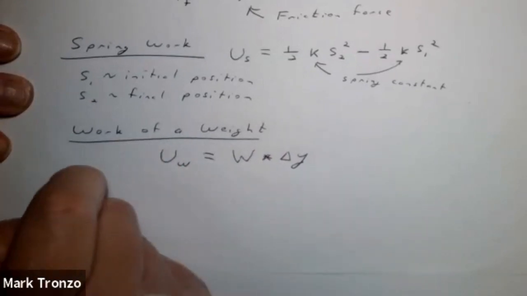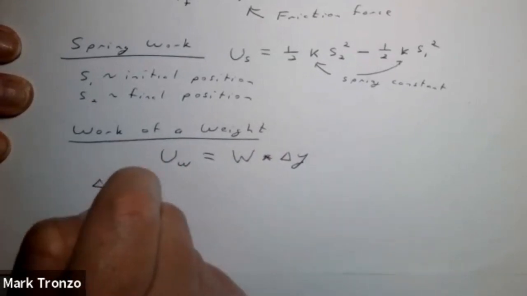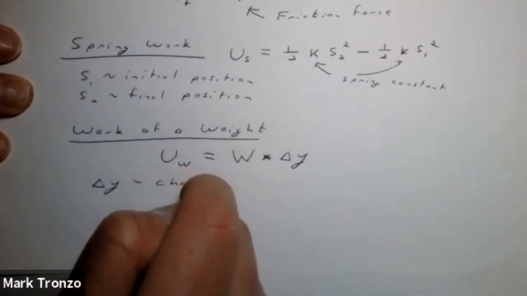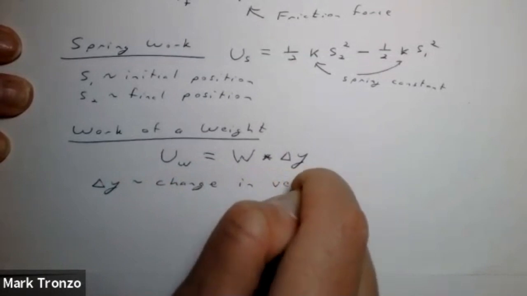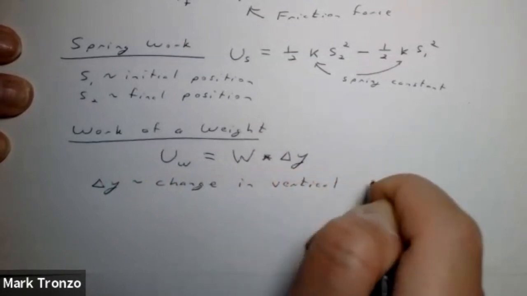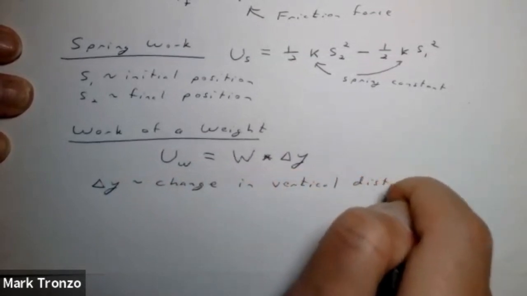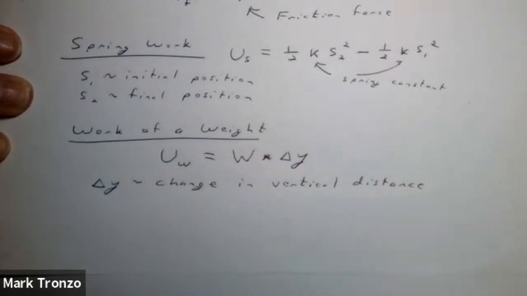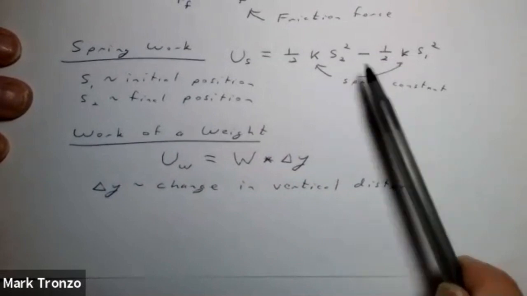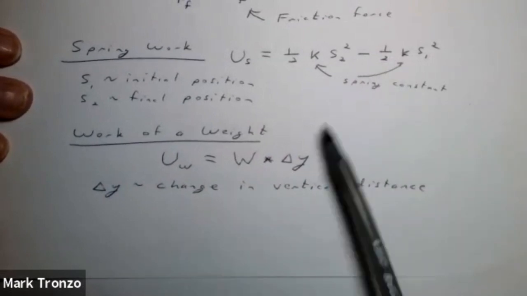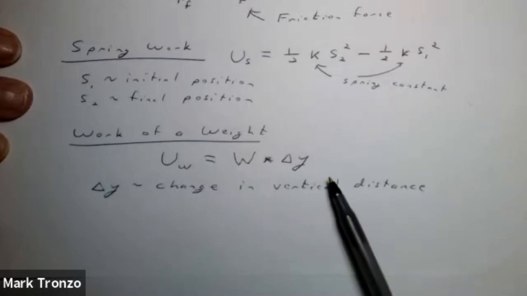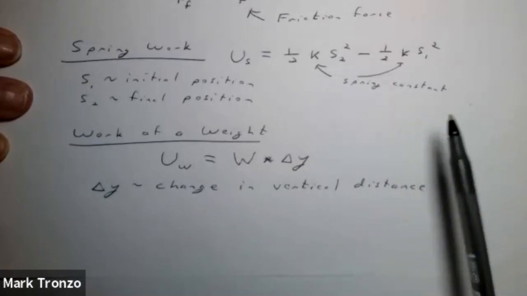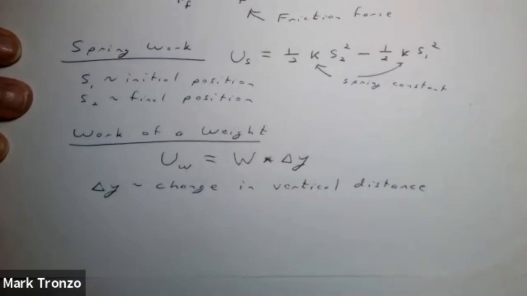And so delta Y is going to be the change in vertical distance. So that's going to be a little bit different than the other one. The other ones that we did, like S1 and S2, were linear changes in the position. But for weight, we only consider how far it drops vertically.